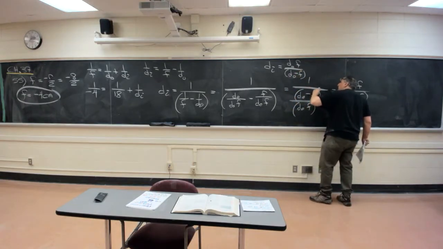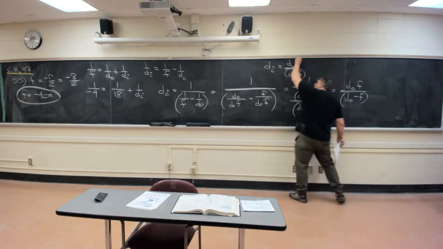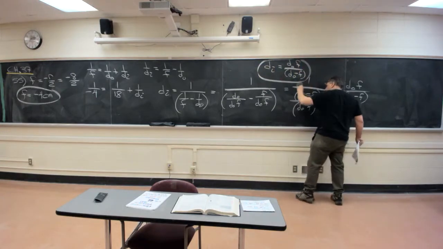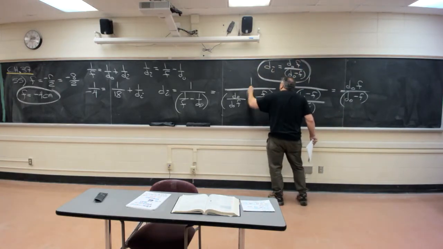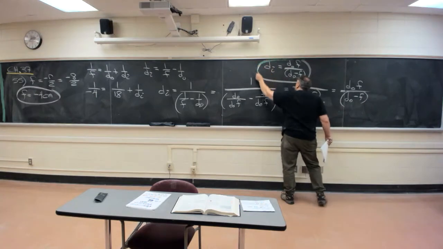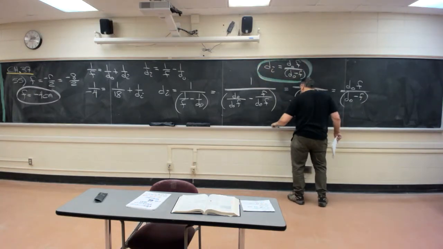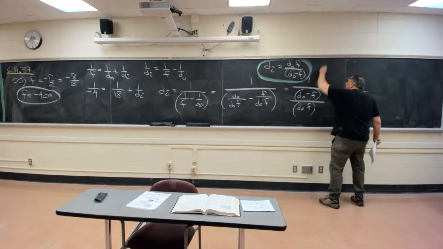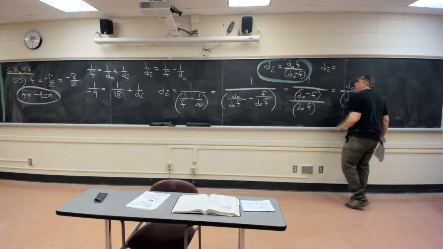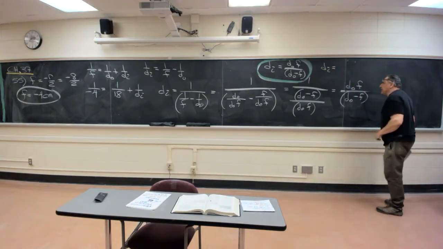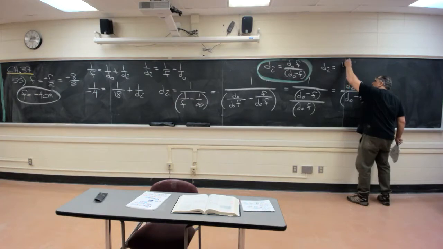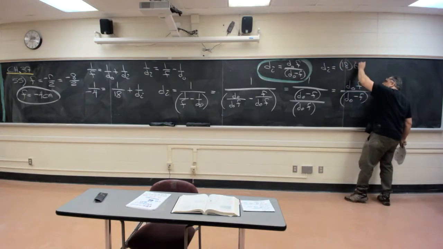What does that mean? It means just what it says. We said do, the object distance, was 18. The focal length was -4.